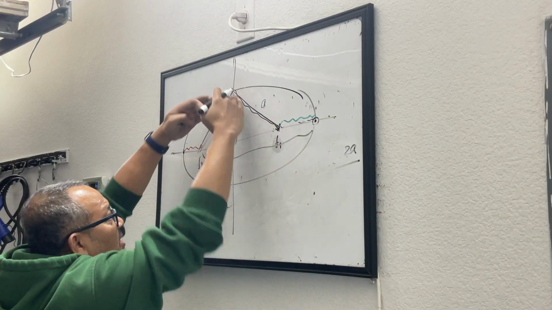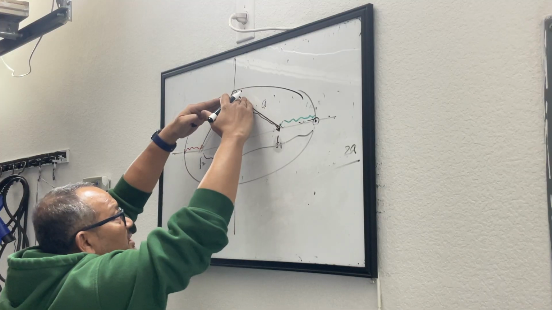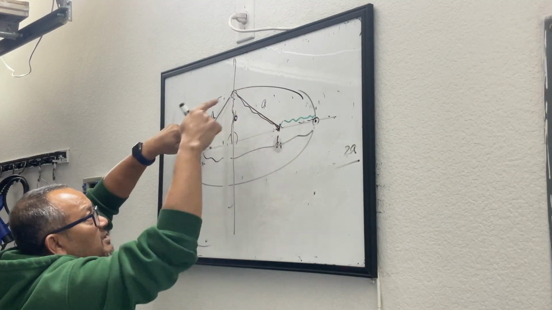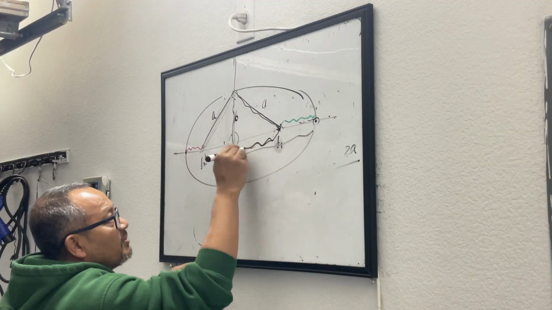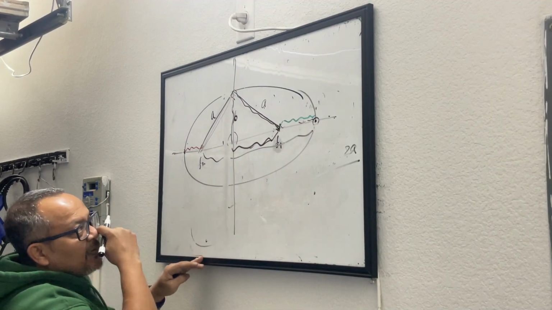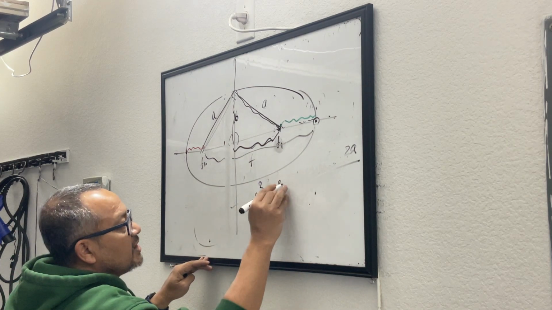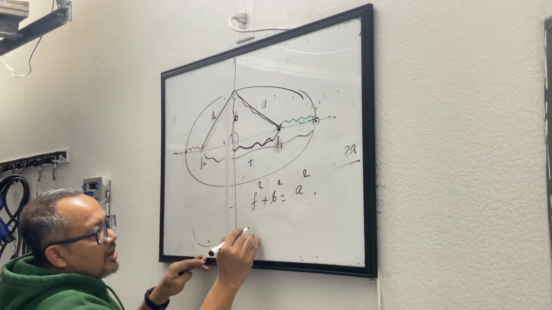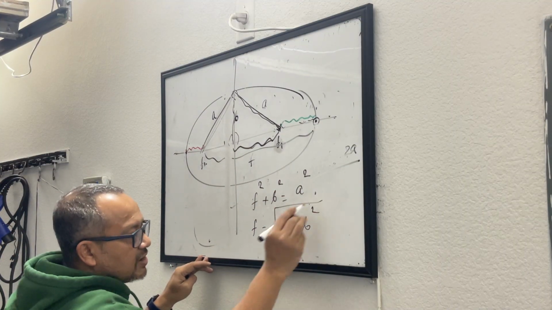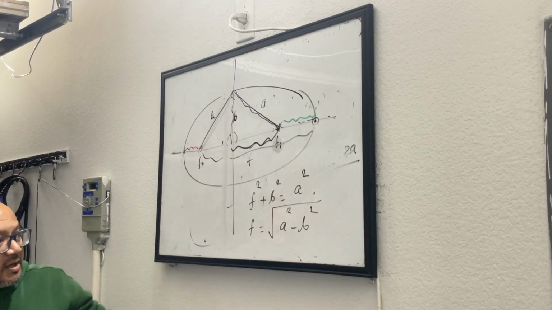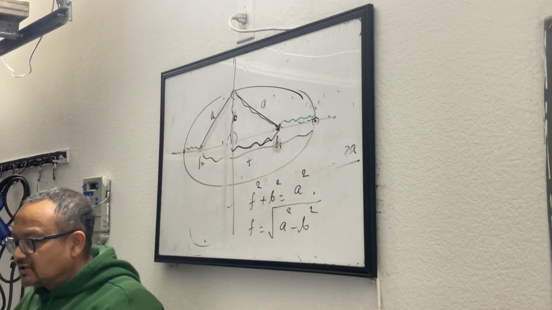So here in this case we saw that these two triangles are congruent. So these two distances will also be 2a, and hence these two distances are a. So keeping that in mind, the focal length from here to here is found by using the Pythagorean theorem, which says f square plus b square equals a square, or f will be equal to the square root of a square minus b square. So this is the focal distance, or the distance of the focal point from the origin. That is how this is related.